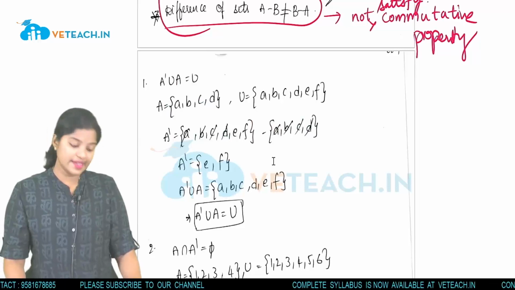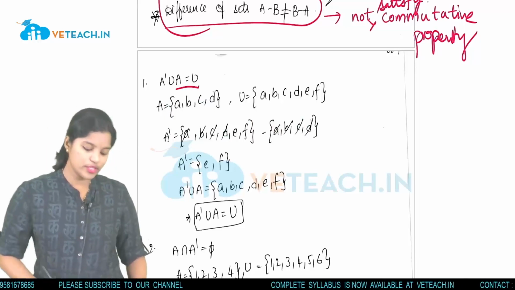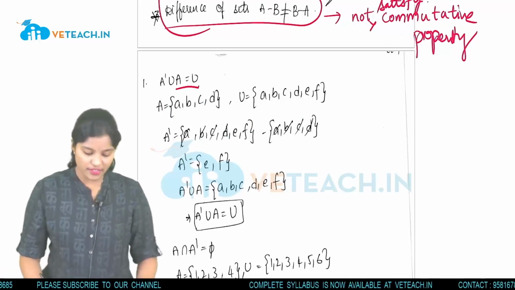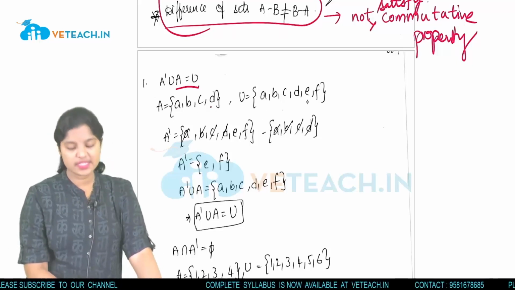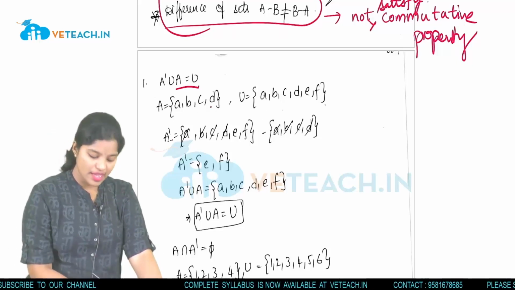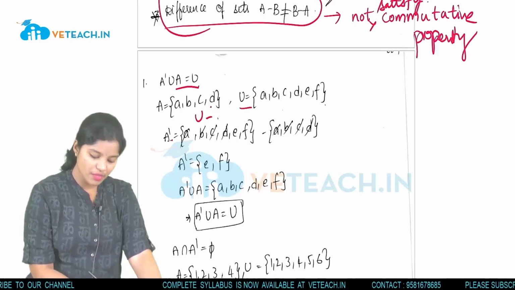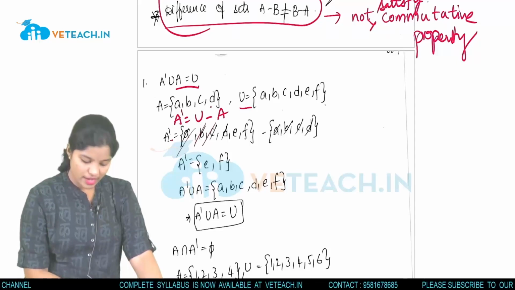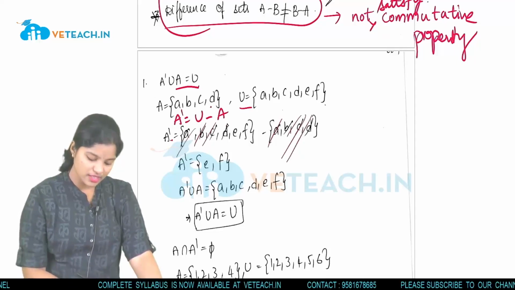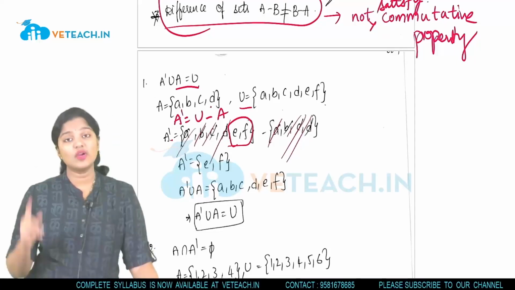So prove that A complement union A is equal to the universal set. Here, given A is equal to {a, b, c, d} and U is equal to {a, b, c, d, e, f}. A complement means universal set minus the original set. So write it down and strike off the common elements here. What are the elements remaining only in the first set?